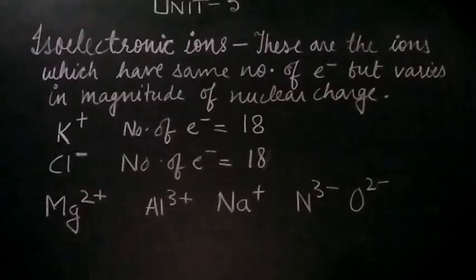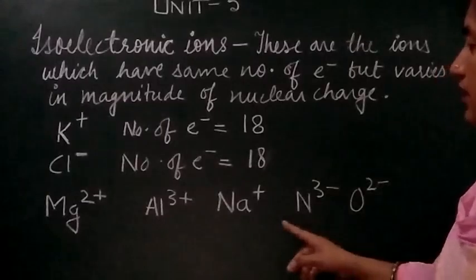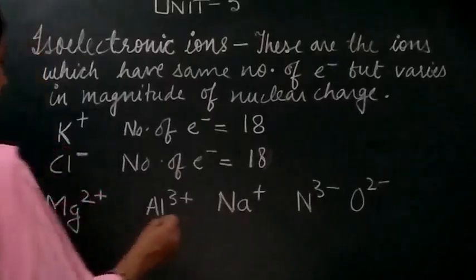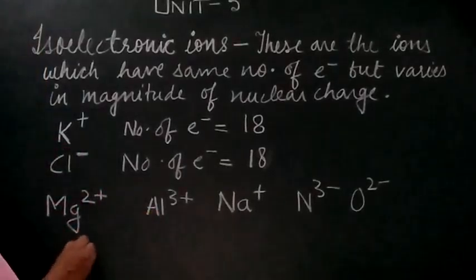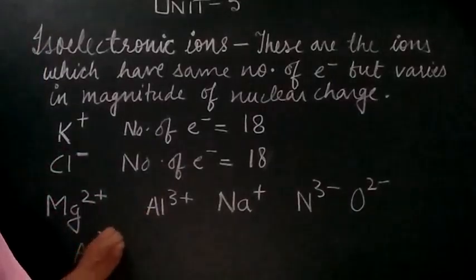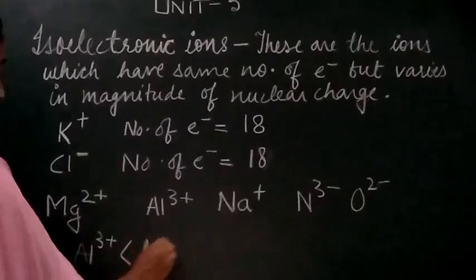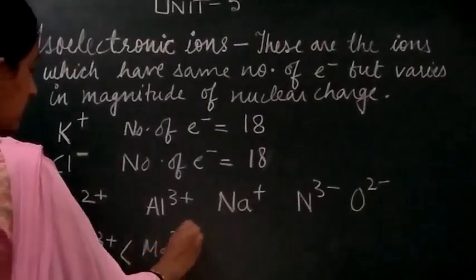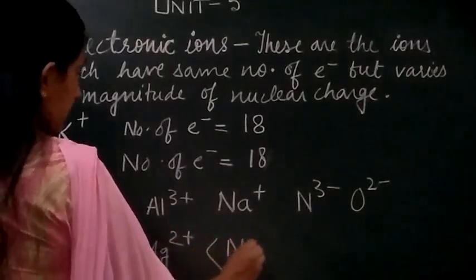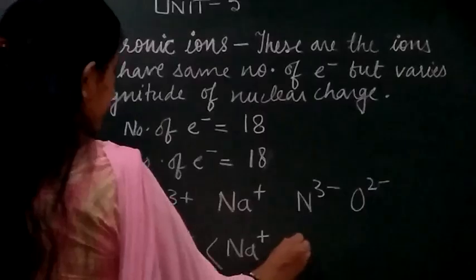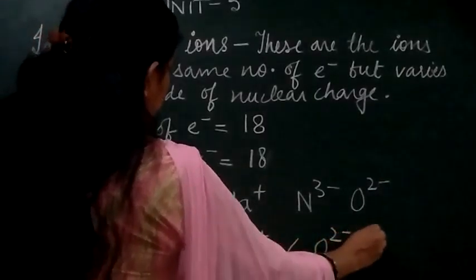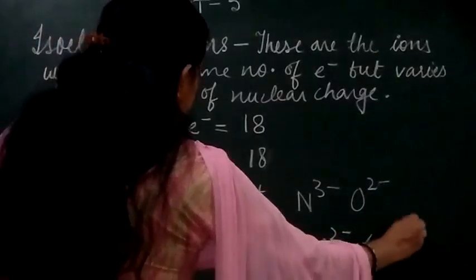So if we arrange this series, what we will get is: aluminum ion, then magnesium, then sodium, then oxide ion, and then nitride ion.